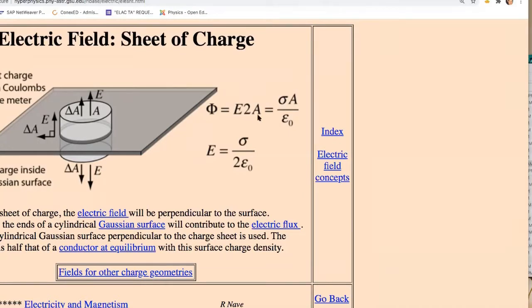They kind of wrote it weird here. E2A is equal to Q over E0. They put the A on top. Oh, you know what they did?